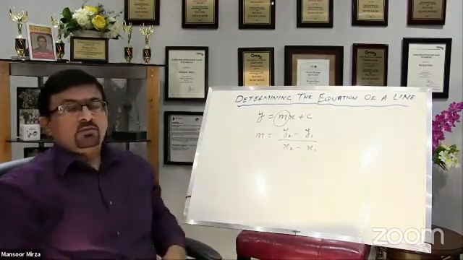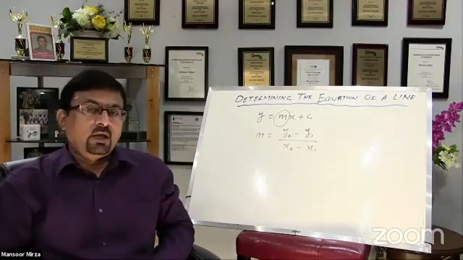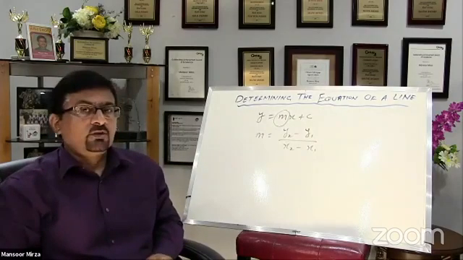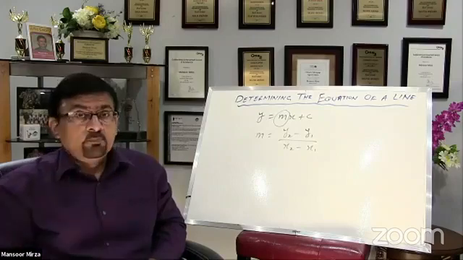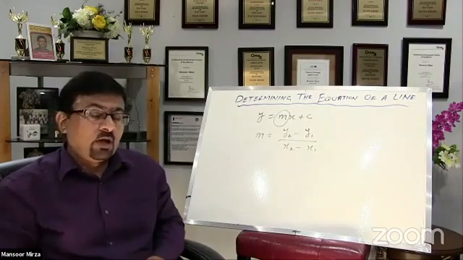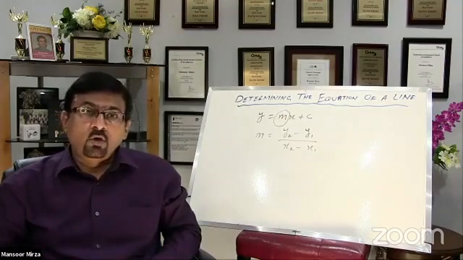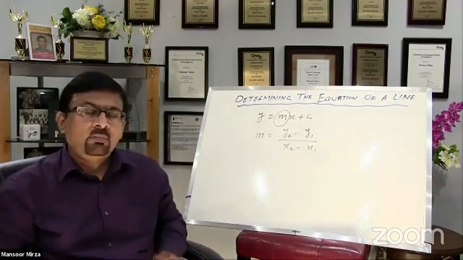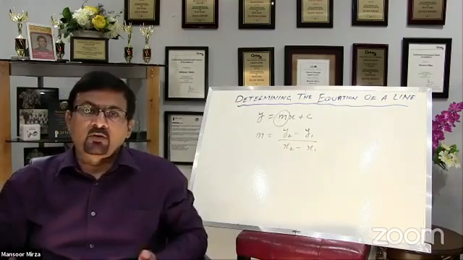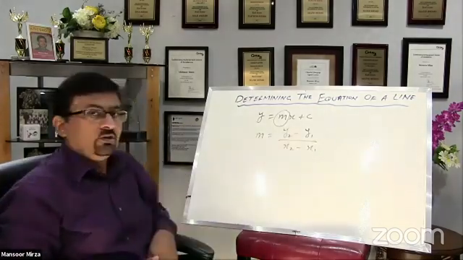Once we divide the difference of y coordinates by the difference of x coordinates, we can easily find the value of m. In other words, if you see the word slope, slope means m, the ratio between these two differences.